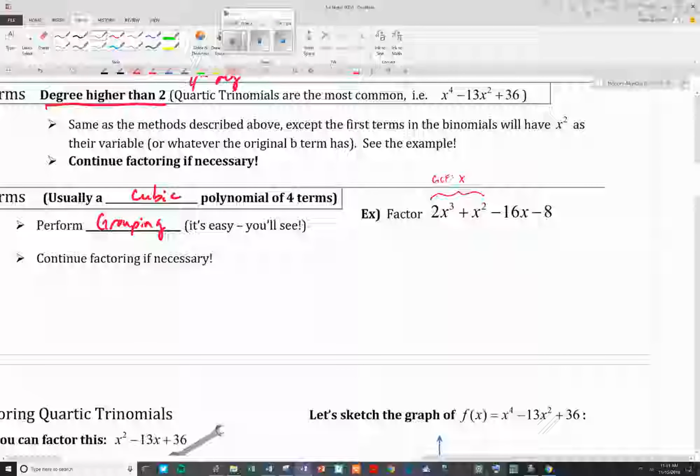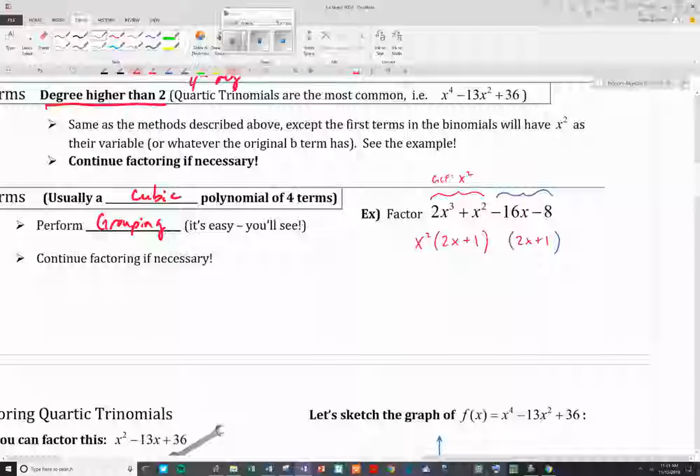Looks like I can pull an x squared out of those. So it's going to look like this if I pull it just out of those first 2 terms. I'd have 2x plus 1. Now, the whole idea behind grouping is if I can pull a GCF out of this one and still have that 2x plus 1 again right here, that means it's groupable.